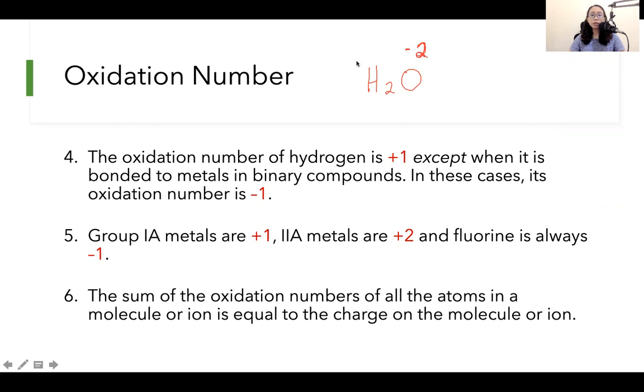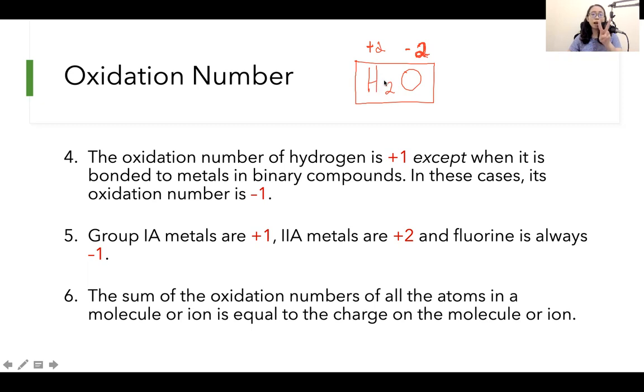Now notice the overall charge of the molecule is 0. It's neutral, right? So for this negative 2 to be cancelled out, giving a net oxidation number of 0, there must be a positive 2 charge, and it will come from nothing else but the hydrogen.